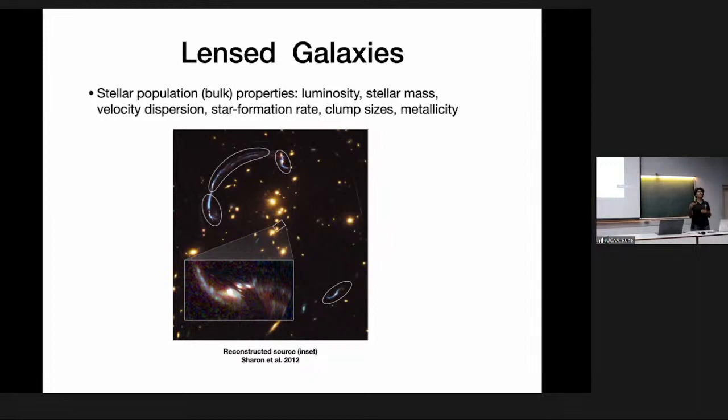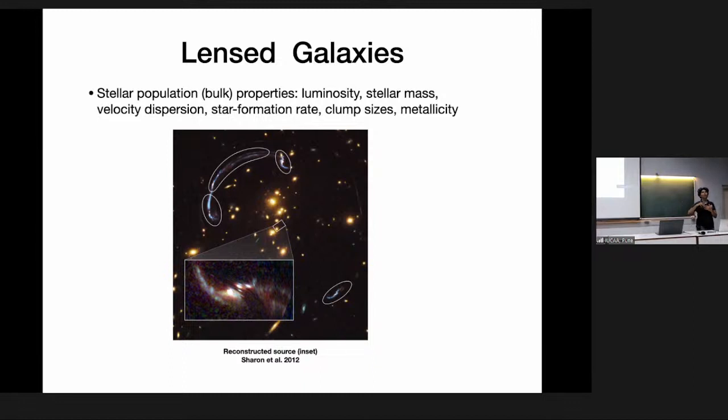and thus we can study these distant sources, be it galaxies or quasars, and try to understand the different physical properties of these systems. We can then compare them with studies of similar galaxies at nearby redshifts, and that allows us to get an idea of the evolution of these galaxies, because when we are studying these very distant galaxies, we're looking at how these galaxies were very early on in their life cycle, right?